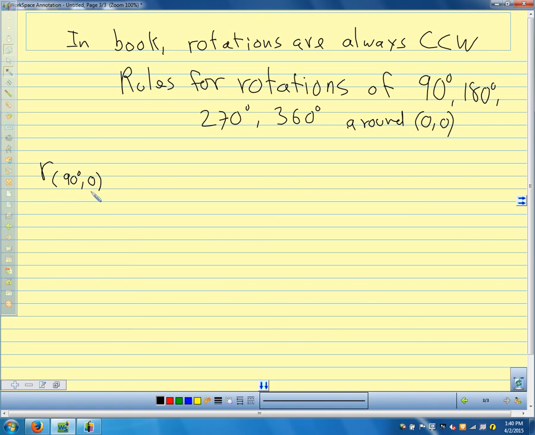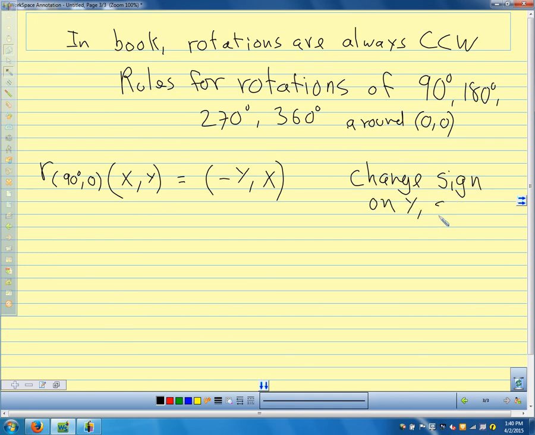Rotation of 90 degrees about the origin of x, y equals negative y, x. We change the sign on the y and switch places. Change the sign on the y, switch them around, and then we get our new coordinate.